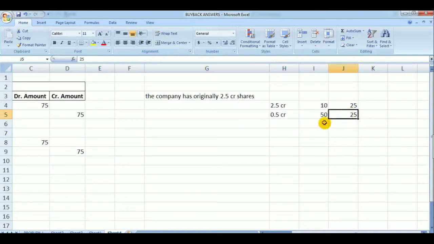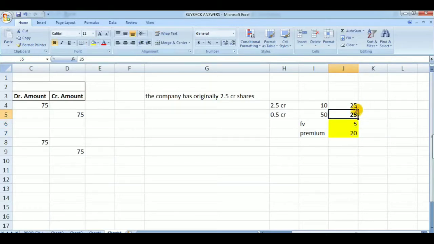From this 25 crores, the face value of these shares will be 50 lakh shares of rupees 10 each. 50 lakh into 10, that is, the face value of the shares being bought back is 5 crores, and the premium will be 20 crores. This is the breakup of these 25 crores.